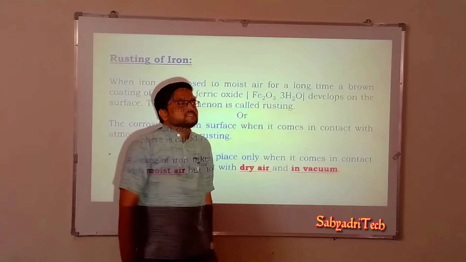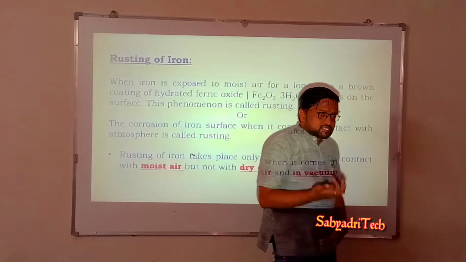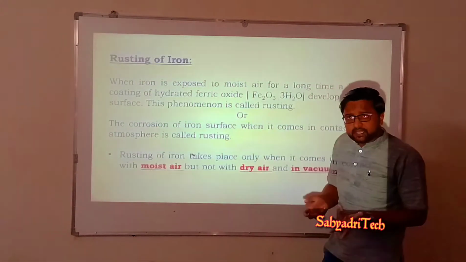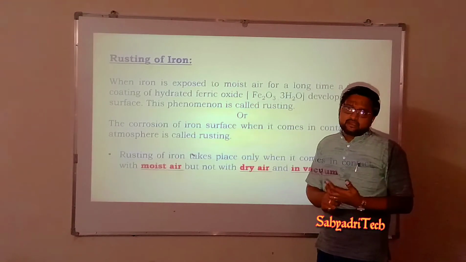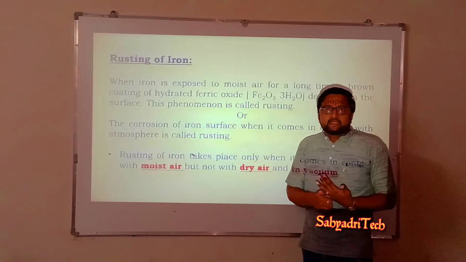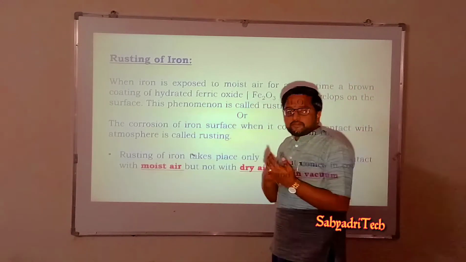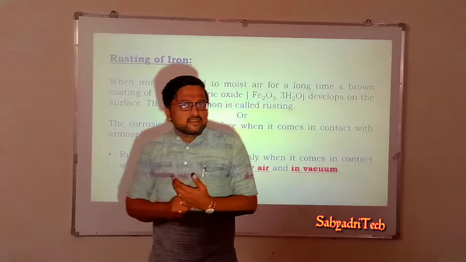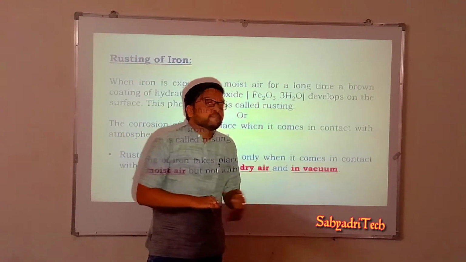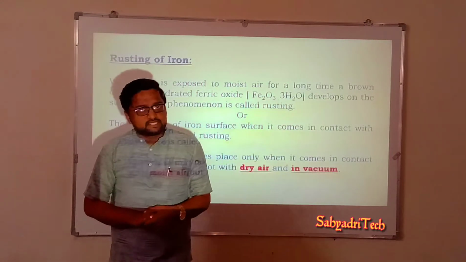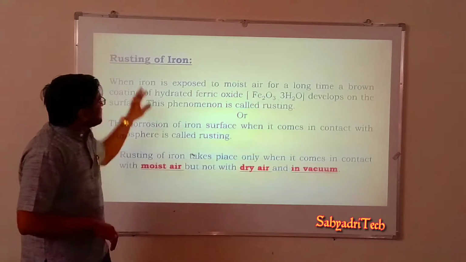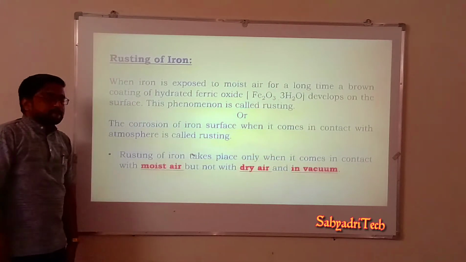So the necessary condition is, if rusting takes place, there will be moist air and there is no vacuum. If iron is in contact with dry air, or if it is present in a vacuum, then no rusting takes place. Okay, so it is regarding rusting of iron.